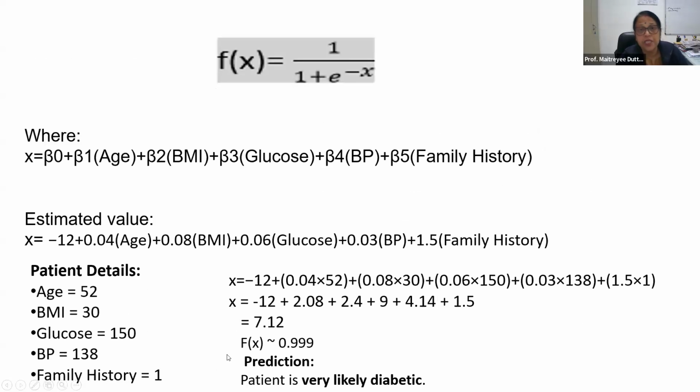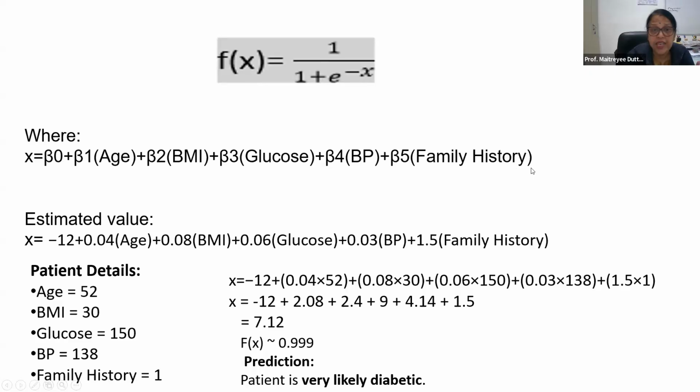Now we have to find the equation. This is the equation I have given, f(x) equal to 1 by 1 plus e to the power minus x. And what is x? x is basically that linear equation, like what you have done in regression: beta naught plus beta 1 into age, beta 2 into BMI, beta 3 into glucose, beta 4 into BP, beta 5 into family history.